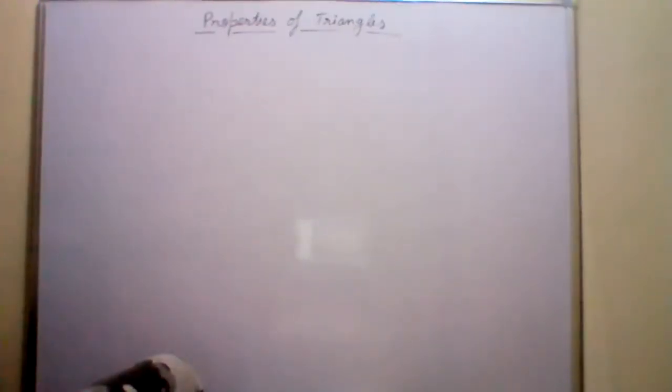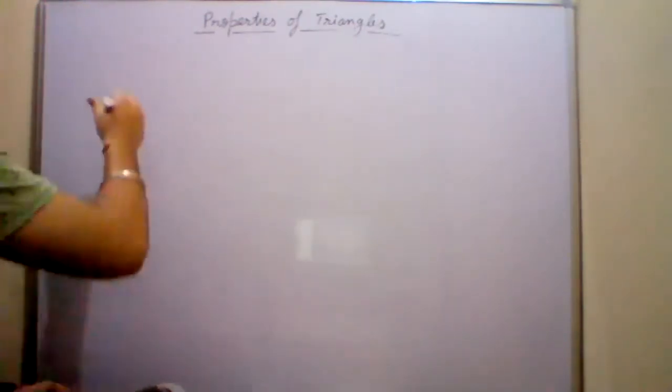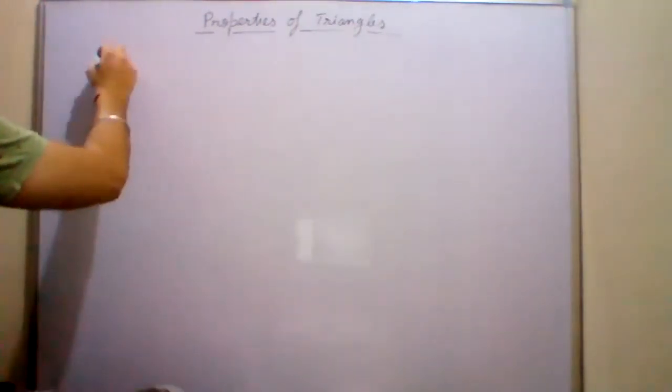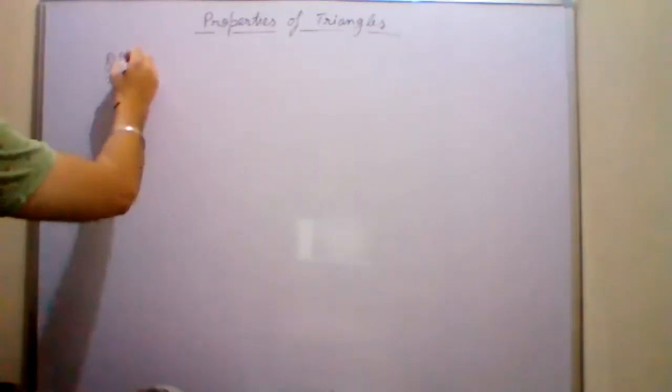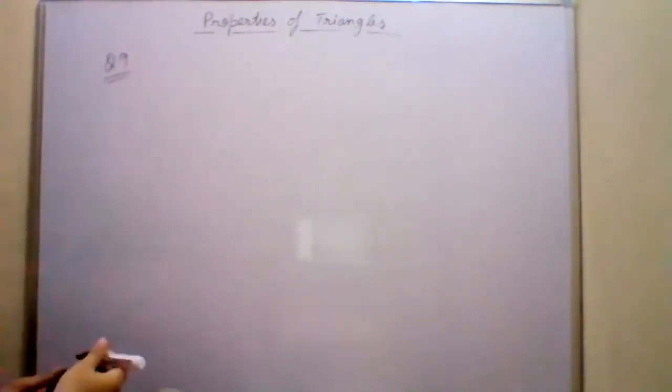Okay. Let's start with question number 9. If one angle of a triangle is equal to the sum of the other two, show that the triangle is a right angle triangle.